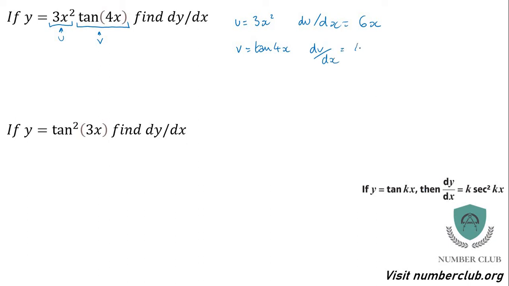You'll get 4 sec squared 4x. To complete your product rule, dy by dx will equal 3x squared multiplied by 4 sec squared 4x, which will be 12x squared sec squared 4x, added to 6x multiplied by tan of 4x.